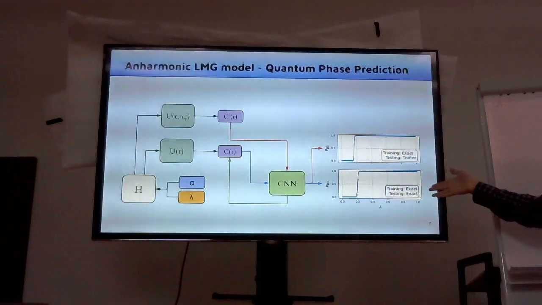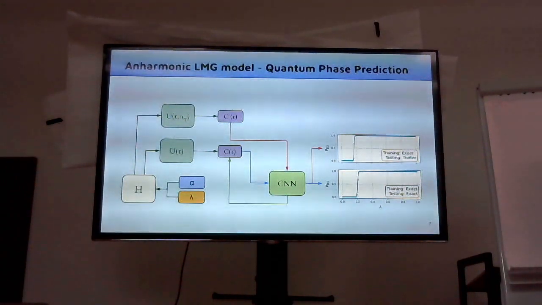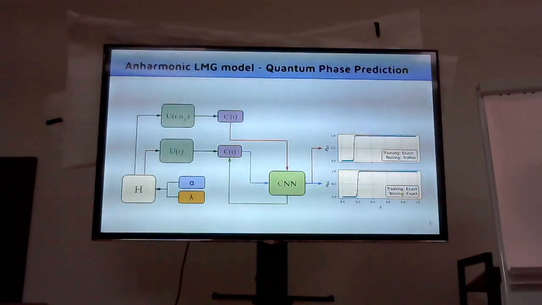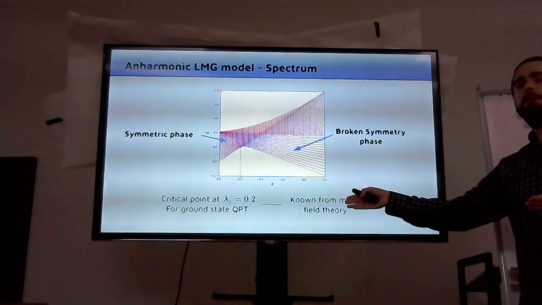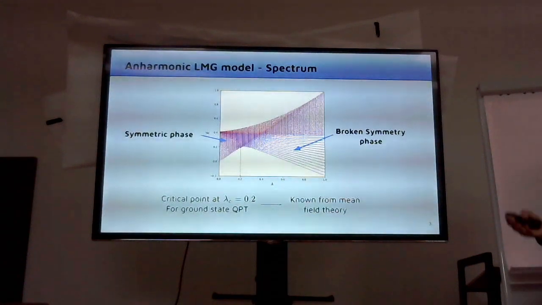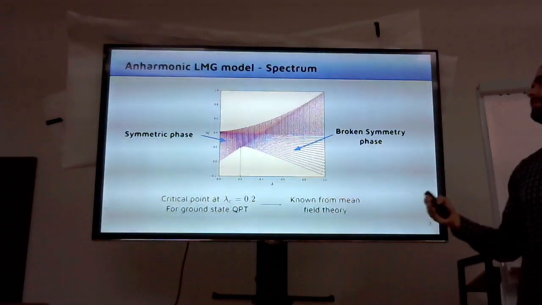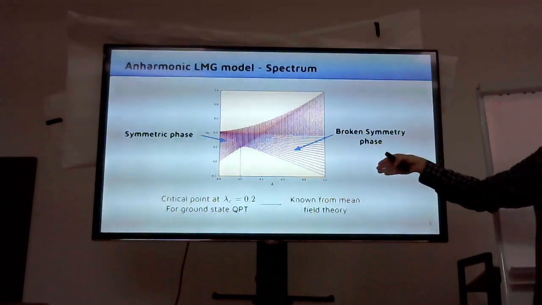So we are doing this with a system which is pretty small. I was going to talk about it later, but since you asked, let's get that out of the way. Like I said, you know the quantum phase transition from mean field theory, but for an infinite N. In this case, you can see that this is for a system size of N equal 100.